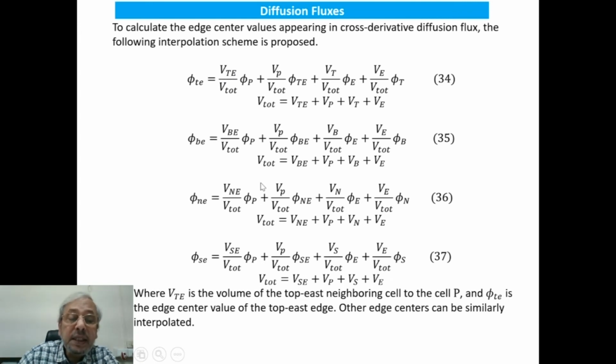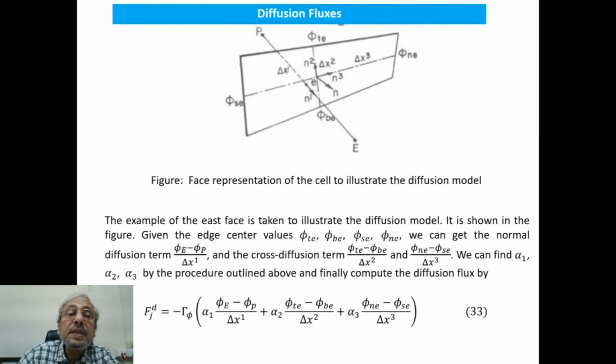Basically, phi TE is related to the volume of the top eastern neighbor cell of P. So that means, again, let me say this will be the P cell where P is the cell center. This is the E cell where E is the cell center.